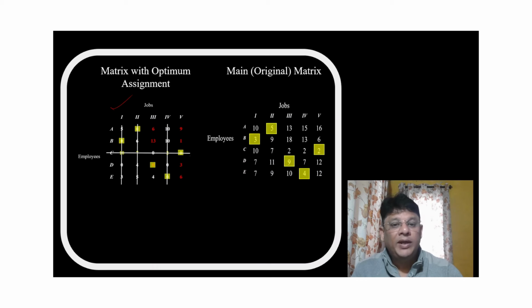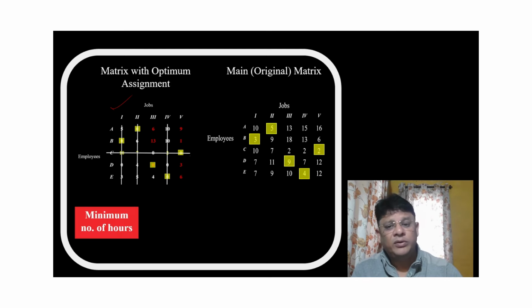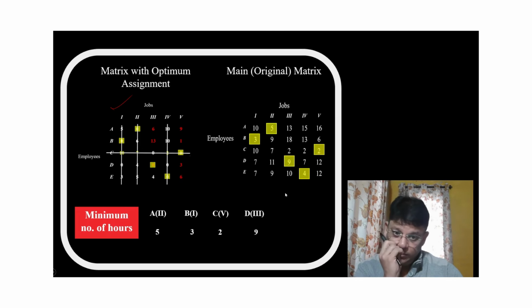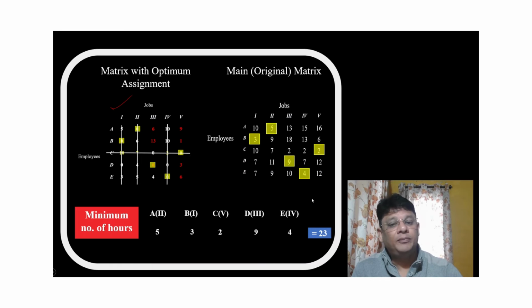Now, what will be the answer? The minimum number of hours. What are the minimum number of hours? So A2 is 5. B1 is 3. C5 is 2. D3 is 9. And E4 is 4. So total is 20.